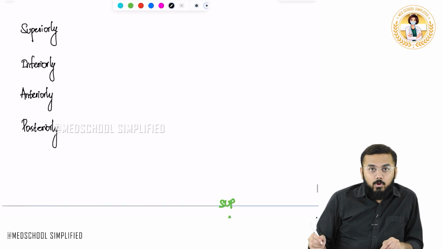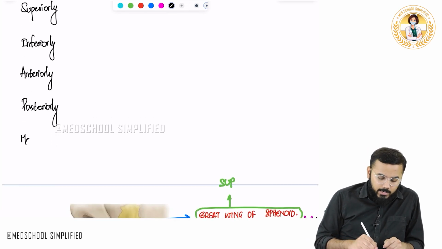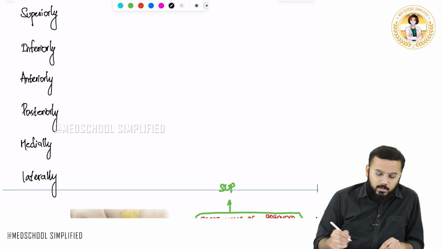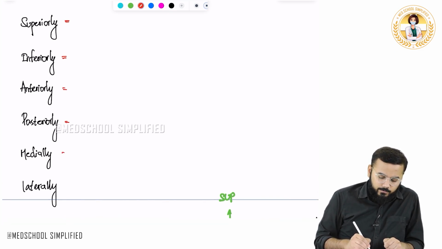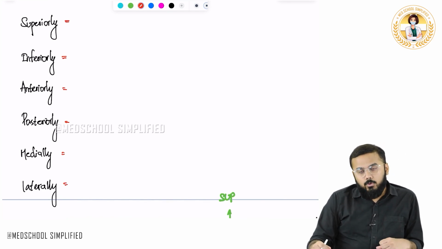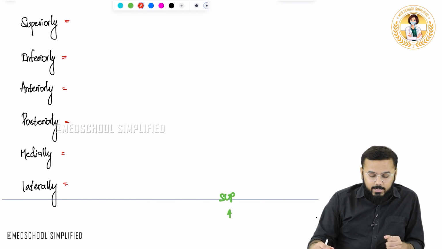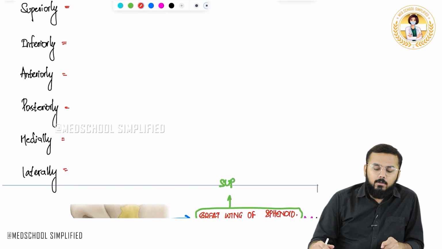And what are the structures that are located medially and laterally? So let us look at all these important structures. Superiorly, inferiorly, anteriorly, posteriorly, medially and laterally, what do you have?